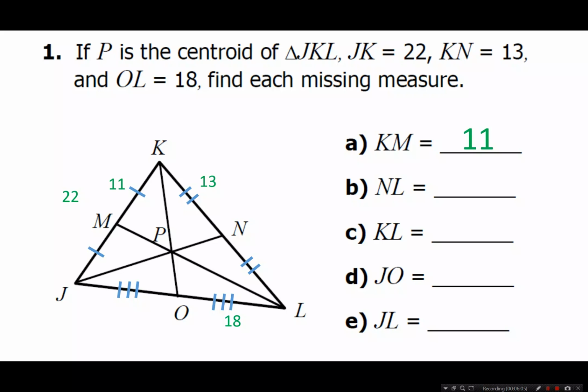Those two segments are congruent, so that would be 13 as well. When we want to do KL, we just combine both 13s, which gives us 26. And when we find JO, those two segments are congruent at the bottom, so JO is 18. And JL would be the entire length, so we just double that, 36.